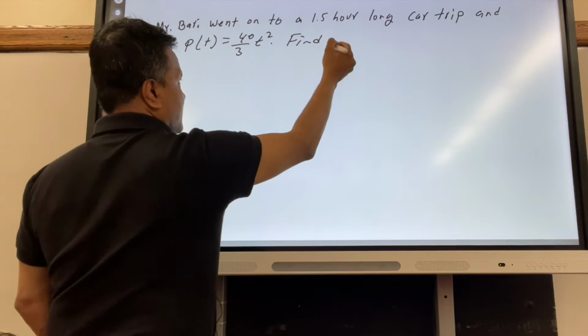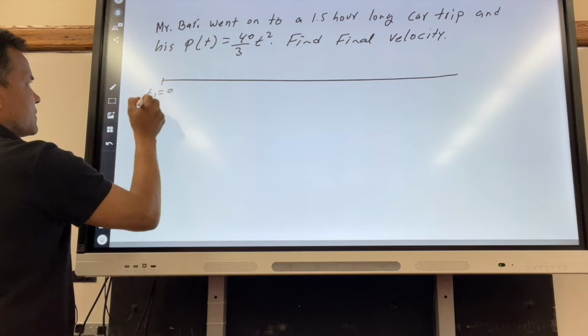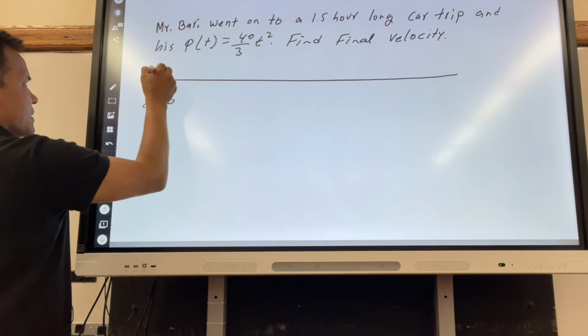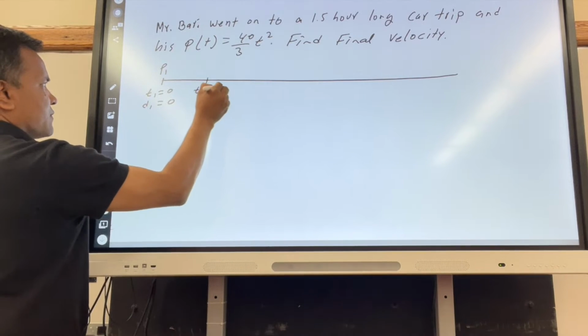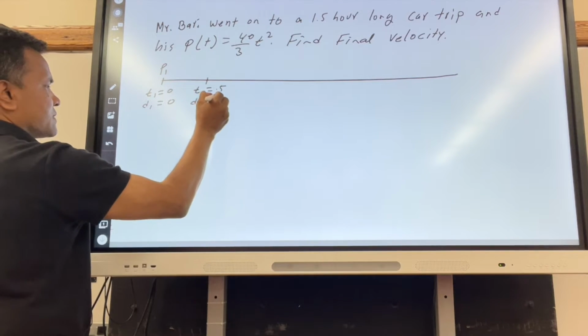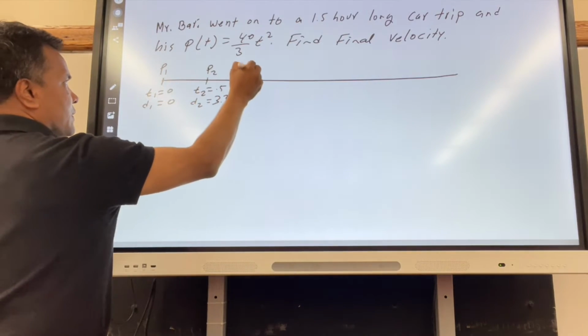Find his final velocity. Right, t1 is equal to 0 and d1 is equal to 0. We're going to call it point 1. We're going to call t2 is 0.5 and d2 is, we're going to call point 2, point 3.